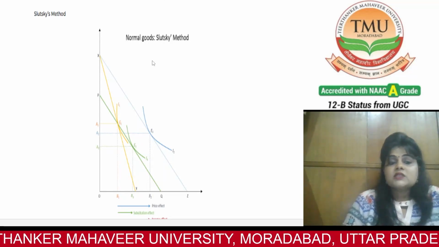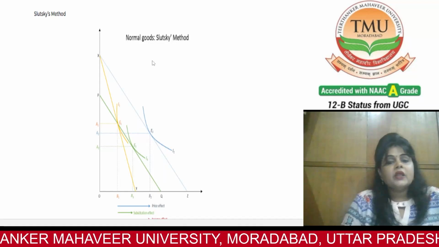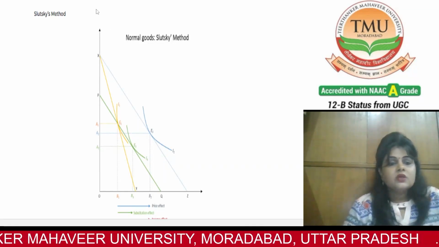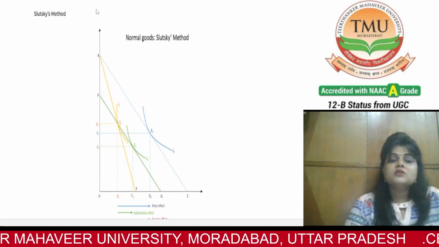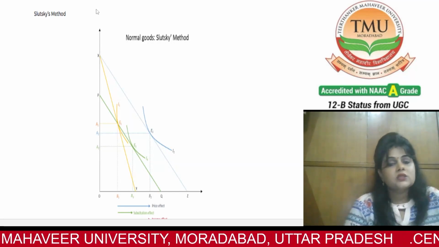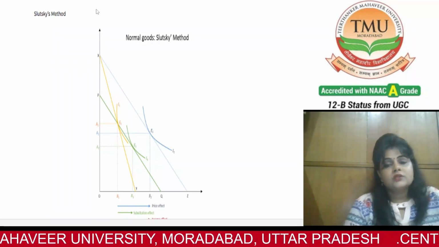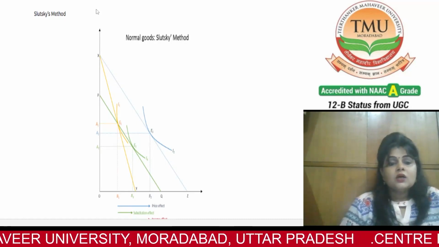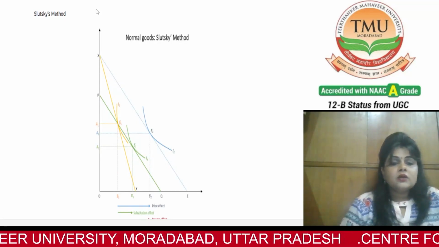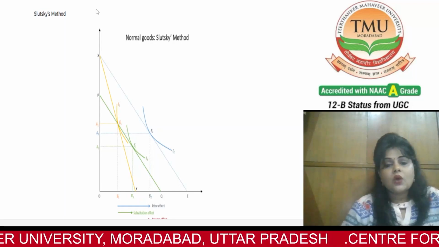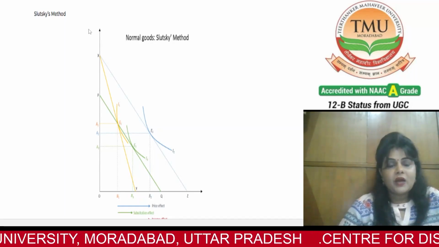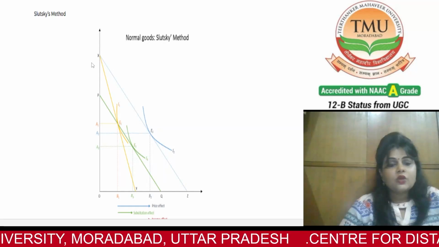Slutsky suggested a different approach where income level must be reduced in such a manner that a consumer is back to purchasing the original quantity of goods when there was no price change. The budget line passes through the original equilibrium point.